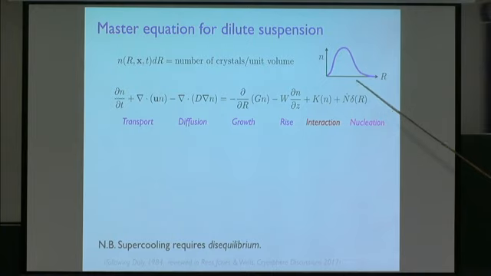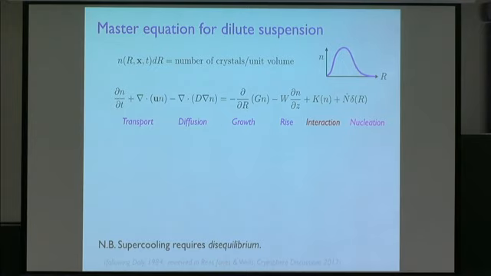So you can loosely think of this as being similar to a probability distribution, although you're actually looking at the number of crystals per unit volume. So you might imagine that there might be a peak typical radius, but there's going to be some spread of different crystal sizes as they grow and interact.